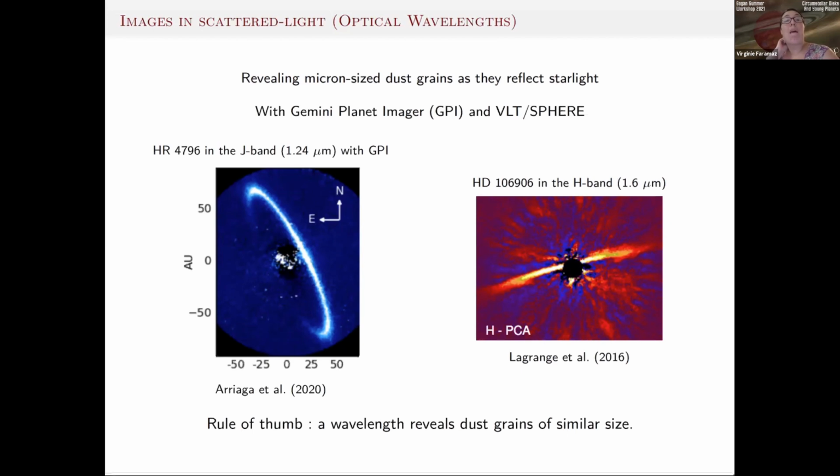So at optical wavelength, you will have this micron-sized dust grain that will reflect the starlight, and later on at longer wavelengths in the infrared, there will be absorption and re-emission. But in general, if you're studying something at 10 microns, you can expect to reveal grains of tens of microns in size.